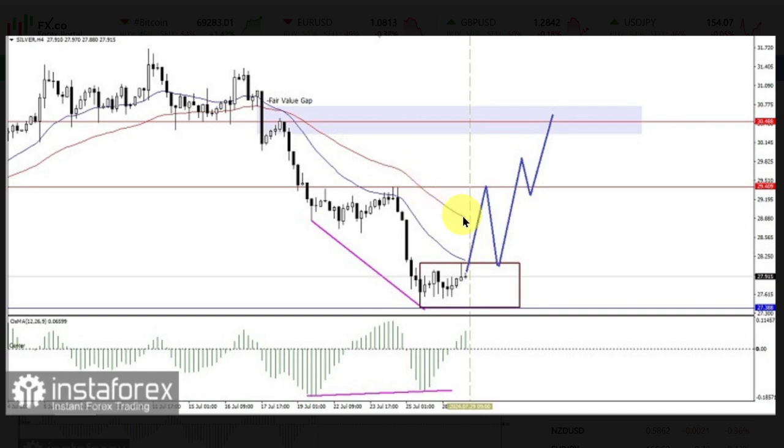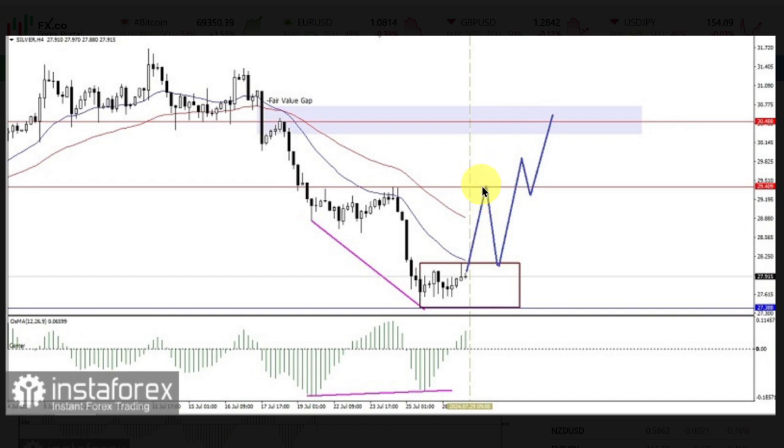But with the appearance of the divergence between the silver price movement and the MACD histogram indicator, it gives an indication that in the near future silver has the potential to correct, strengthening to the level of 29.40.